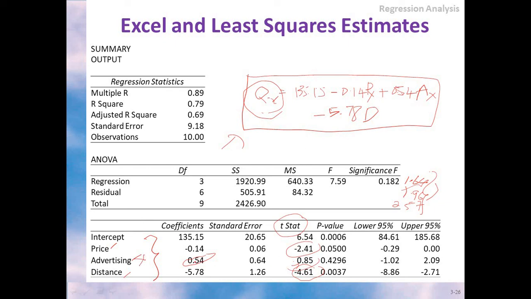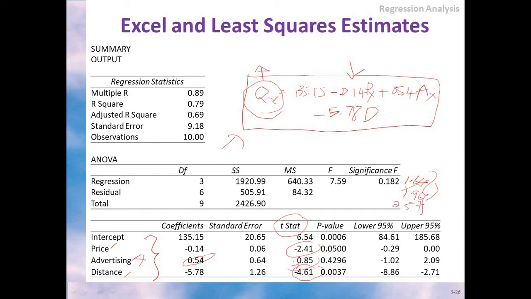So I want to tell you how this information is important to help the business make decisions. What it means here is the price is significant in influencing the demand for this product, and the relationship is negative. It should be negative because as the price falls, the quantity will be more.